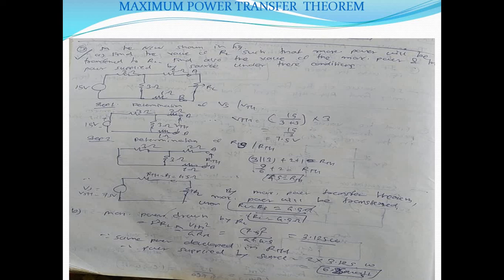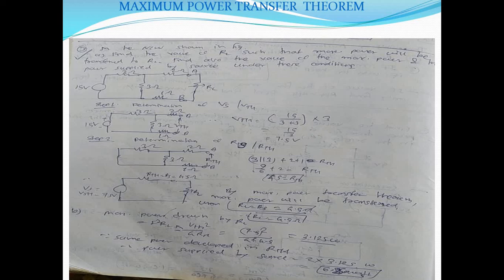So I repeat, the maximum power transfer theorem is nothing but that maximum power is delivered to the load when load resistance is equal to source resistance. Then you need to prepare the derivation for the maximum power transfer theorem and the formula for maximum power delivered to the load.